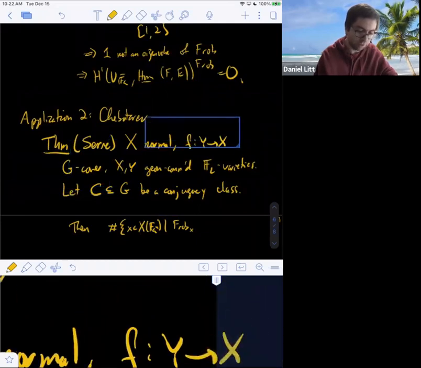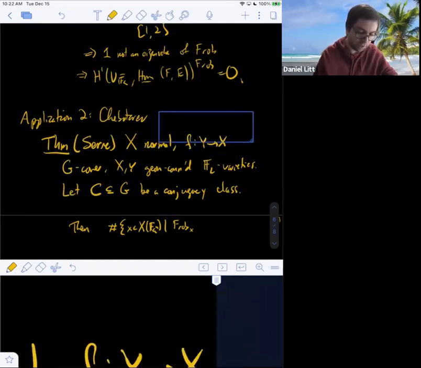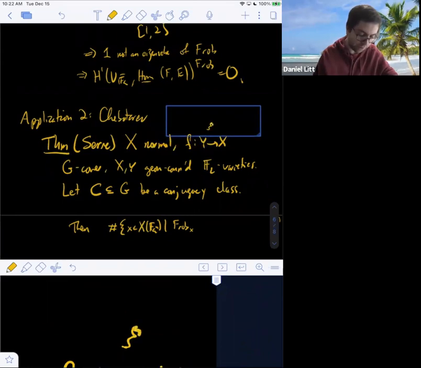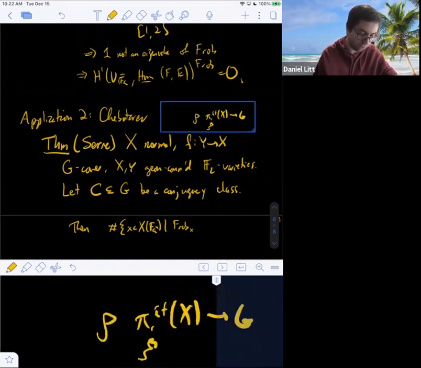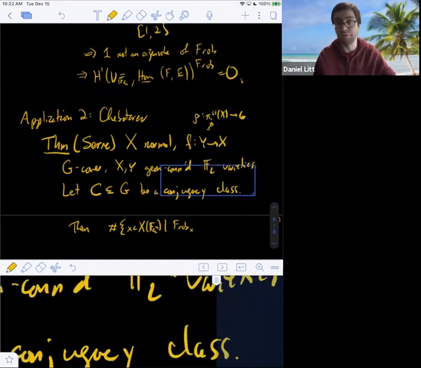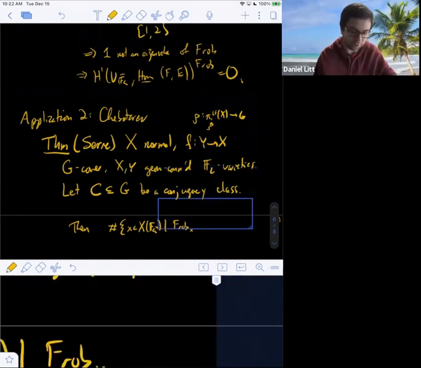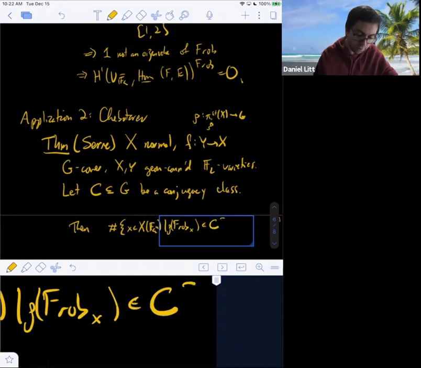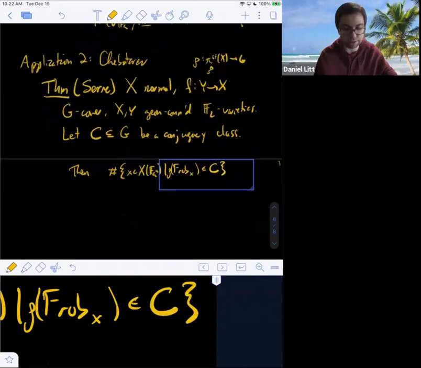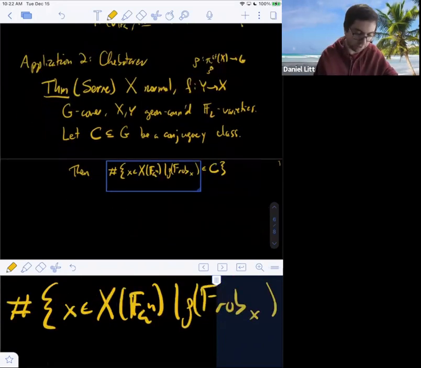So maybe let me give some notation here. Here, f corresponds to some map pi_1 étale of X to G, and I'll call that map rho. So this is sort of the deck transformation action of pi_1 on Y. So we can ask for the probability that Frobenius will land inside of this conjugacy class C. That makes sense because Frobenius is well defined up to conjugacy.